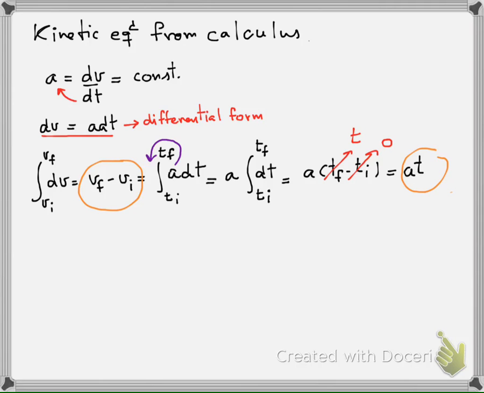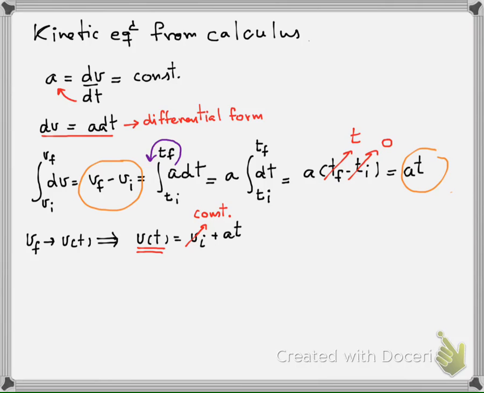So we may write vf as v at time t, so we have v(t) is equal to vi plus at, and we can take this vi as a constant, which means that vi is not dependent on time. It is only vf that depends on time.